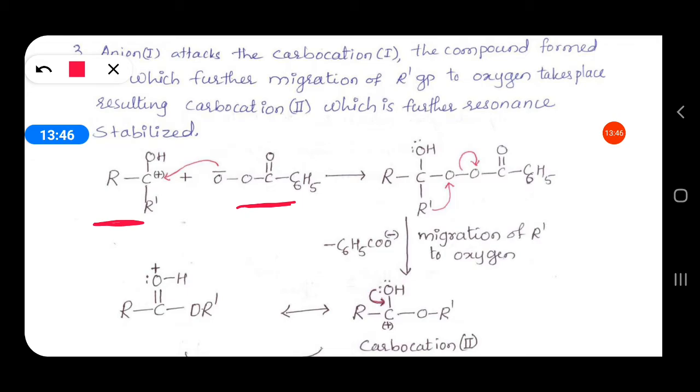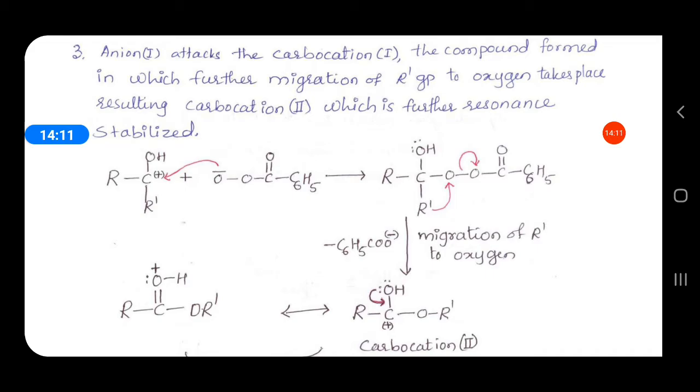Now anion 1 acts as a nucleophile. It attacks the carbocation, so that a new carbon oxygen bond is formed. But as the oxygen-oxygen bond is present, easy migration of the alkyl group takes place.